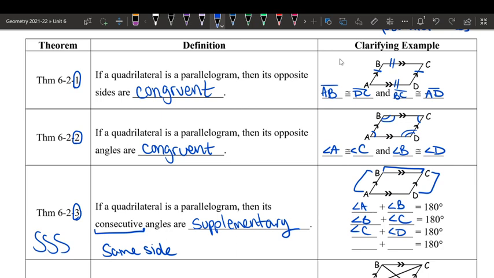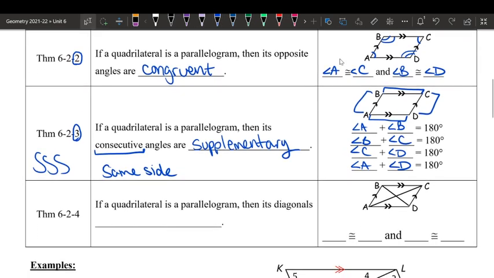And the same for the bottom, angle A and angle D. They add together to equal 180. So if the two angles that are connected by the same side add up to 180, they are supplementary.